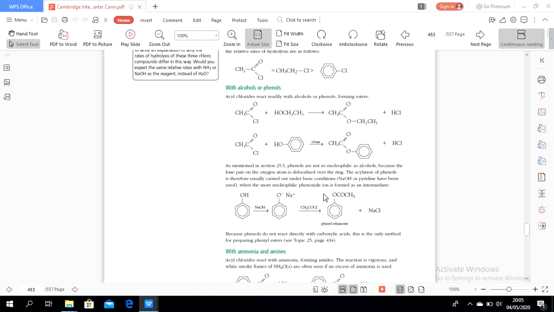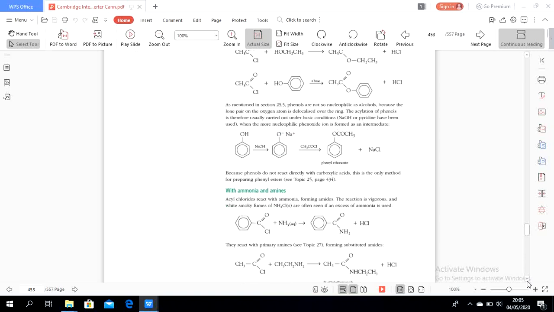The more nucleophilic phenoxide ion is formed as an intermediate. This one is the intermediate, and then the acyl chloride will form an ester with salt. The second reaction already forms an ester.